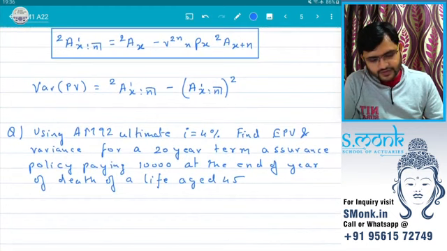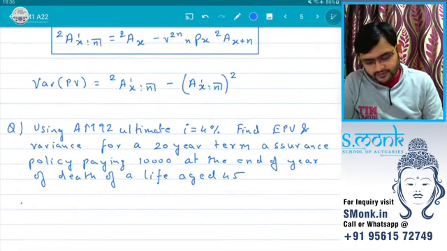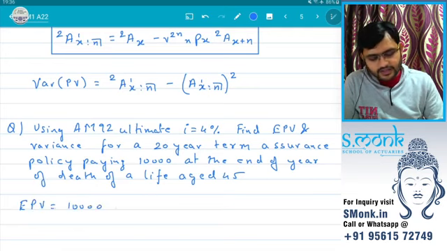Okay. So we know the term is 20 years, we know our age is 45, so the expected present value must be 10,000 A 45 dash 20.